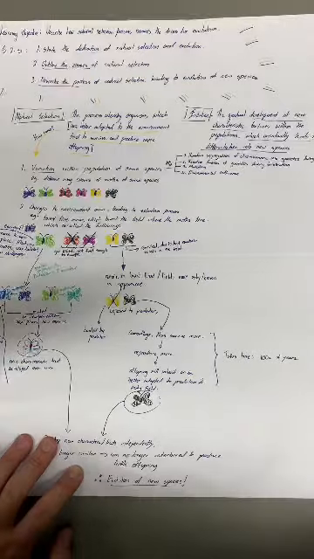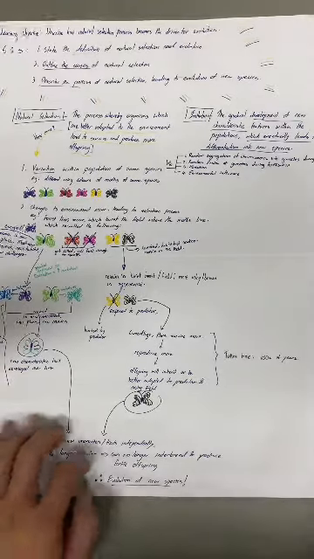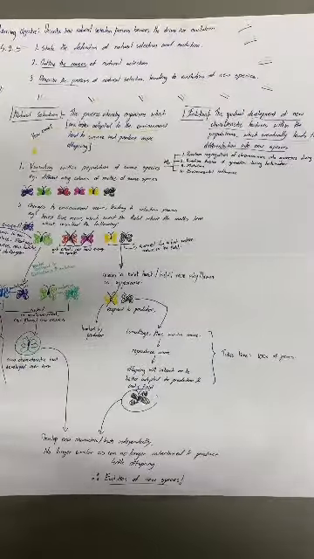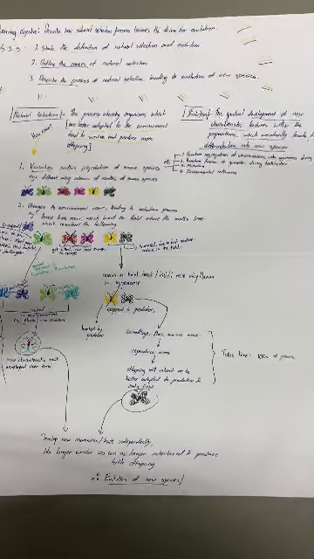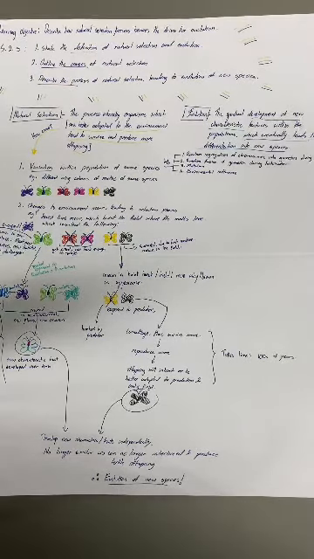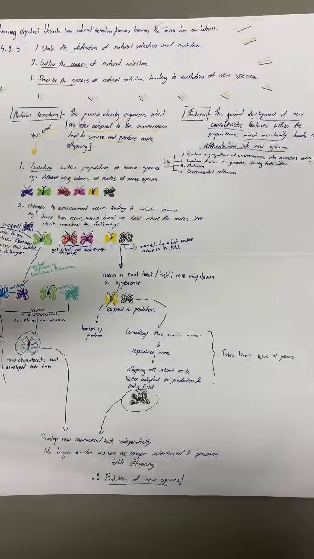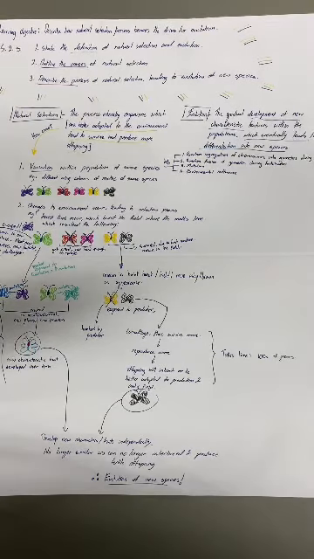Okay, so you are being selected: which characteristics, which traits are being selected, which one of you will be surviving better. Okay, because of the changes in the environment, right?